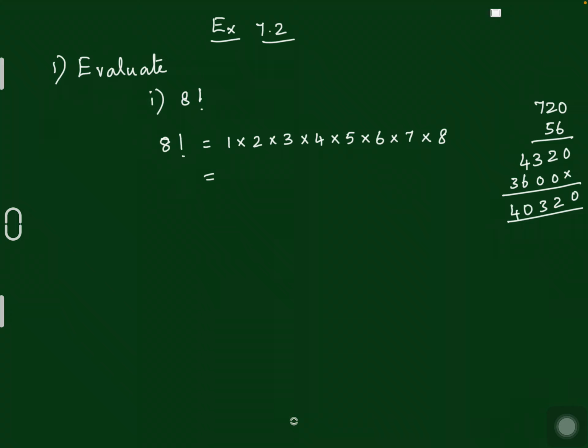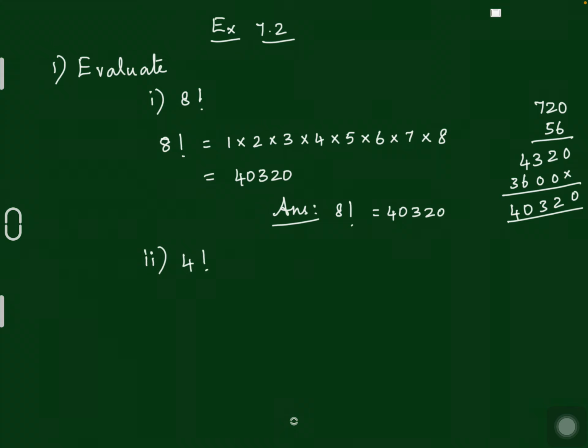So when I multiply 1 into 2 into 3 into 4 into 5 into 6 into 7 into 8, I get 40,320. So 8 factorial is nothing but 40,320.